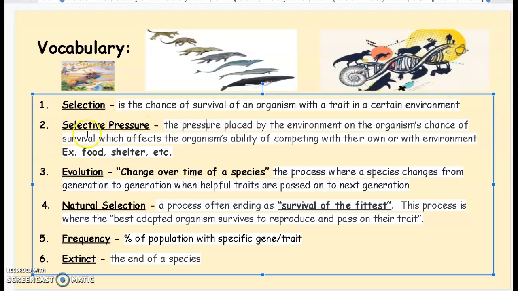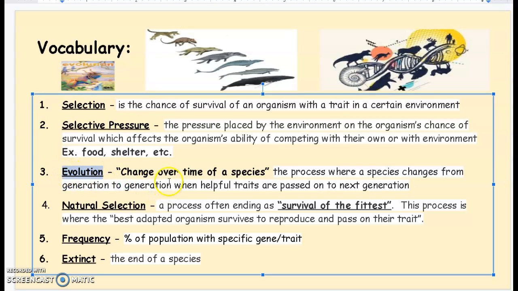A selective pressure is a pressure placed on the organism by the environment that can affect your chance of survival. So for example, how much food is there? Is there shelter available? Such as those examples.